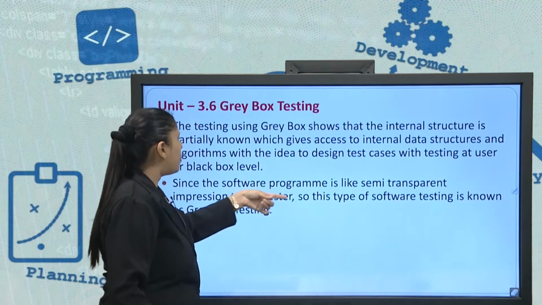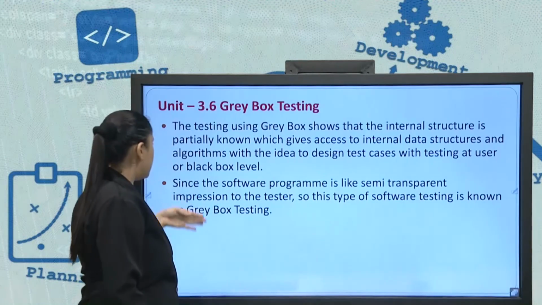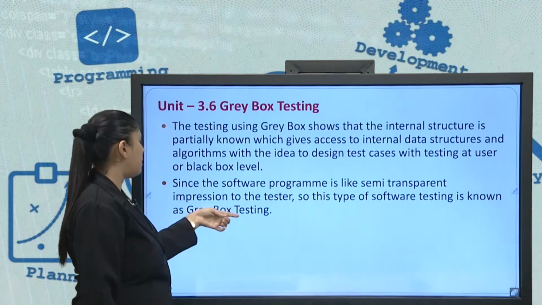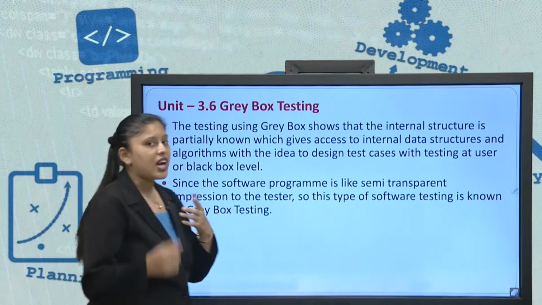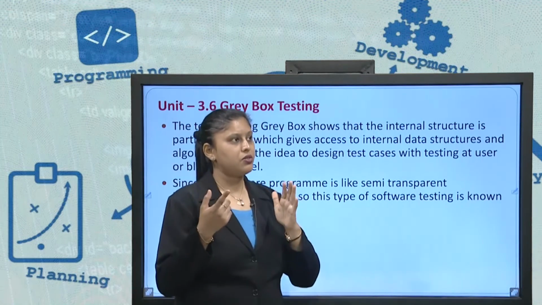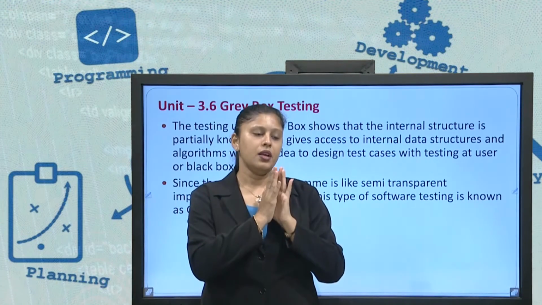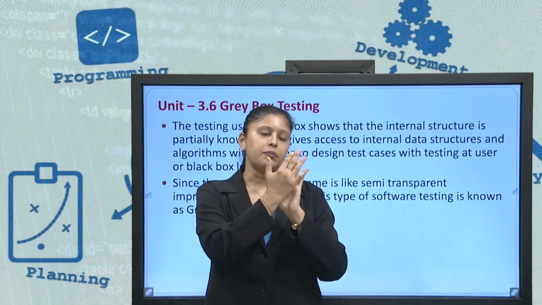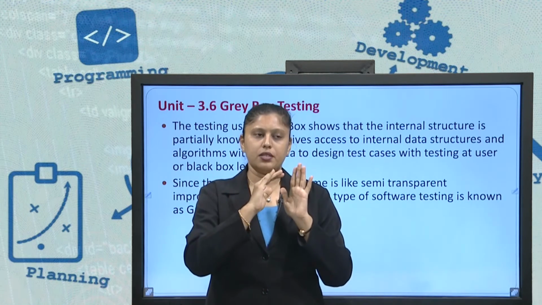Since the software program is like a semi-transparent impression to the tester, this type of software testing is known as Greybox testing. It is a translucent kind. Now, what is translucent? Translucent is something where you cannot see the entire picture, but you get something semi-transparent.